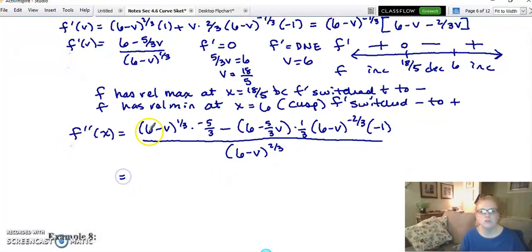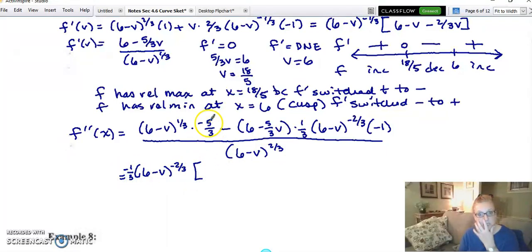We are going to need to factor, so looking at our terms, I'm going to pull out a 6 minus v to the negative 2/3. I'm also going to pull out a negative 1/3, because I've got to divide by 3, and a negative and a negative. So let's pull out the negative 1/3 as well.